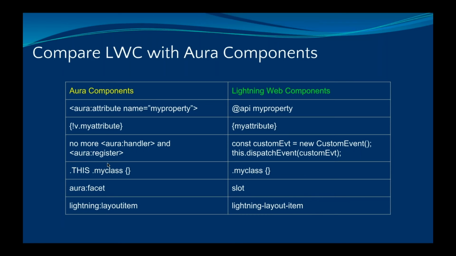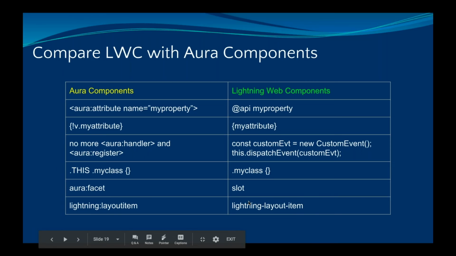CSS, this is something that I did not talk about, but in CSS we always use this followed by something, and now it's more standard. So all you do is add my class. Aura facet: if you have used Aura facets, or Aura components inside an Aura component, Aura facet basically translates into slots in Lightning Web Components.